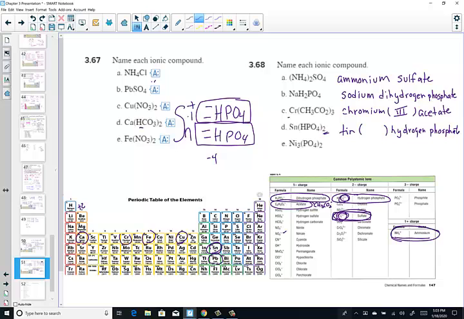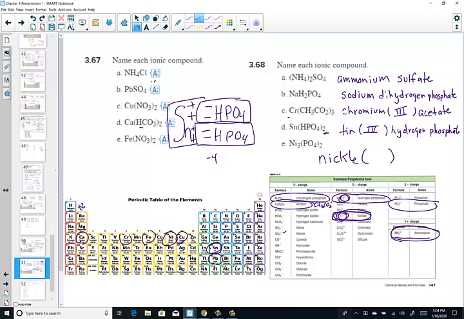Well, you're right. 1 +4 is going to neutralize 2 groups of -2. This is tin 4 hydrogen phosphate. I hope you got that one. The last one is the elemental symbol for nickel, and nickel is also a variable charge, so I'm going to leave a parenthesis space.